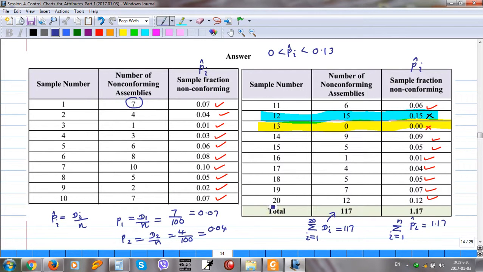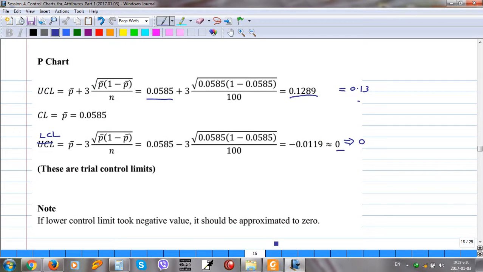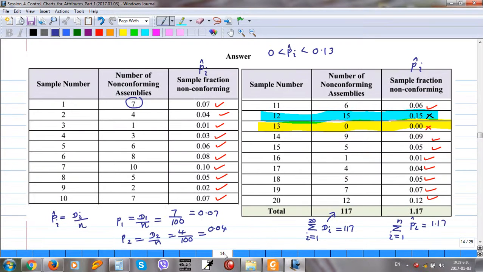Totally there are 20 samples. If these 2 are removed, it becomes 18. So we have to revise the control limits now. We have to recalculate. Observations 12 and 13 in the sample are not within the specified control limits.